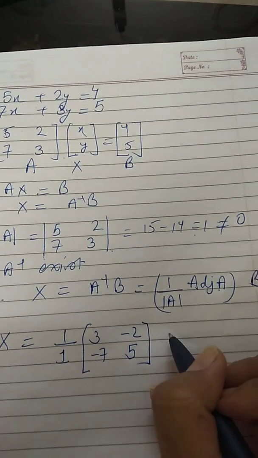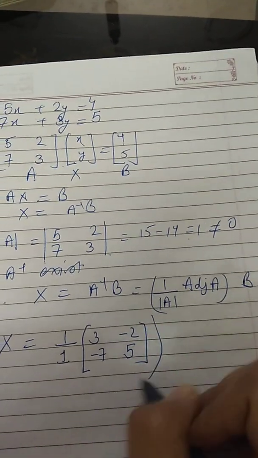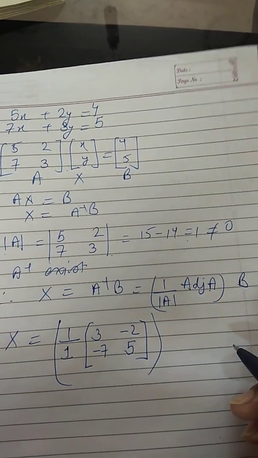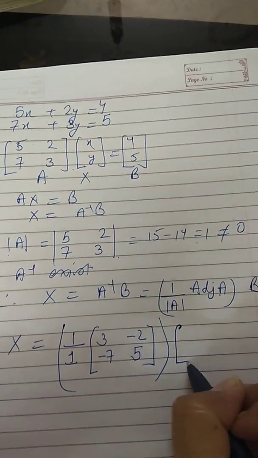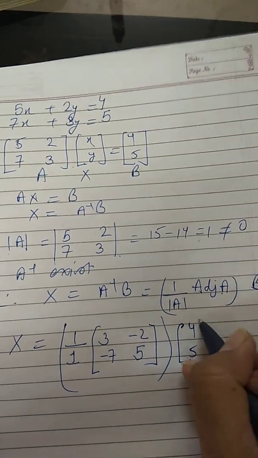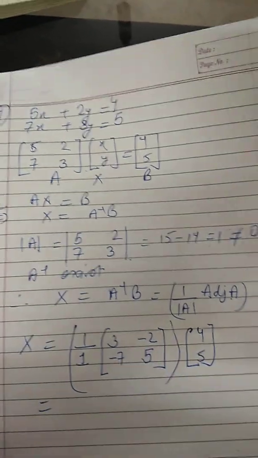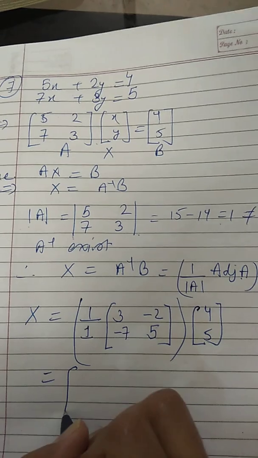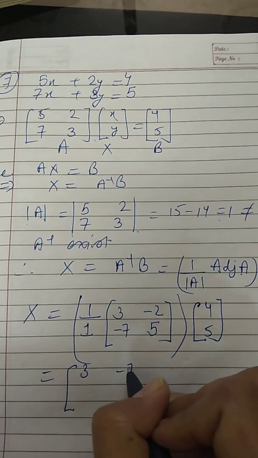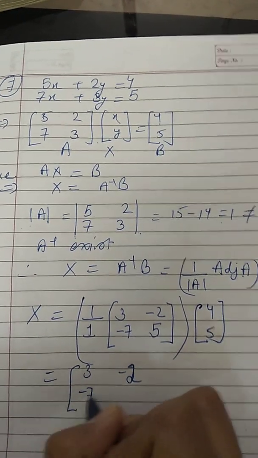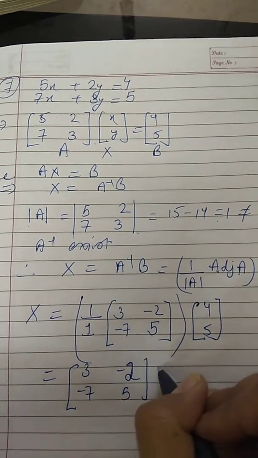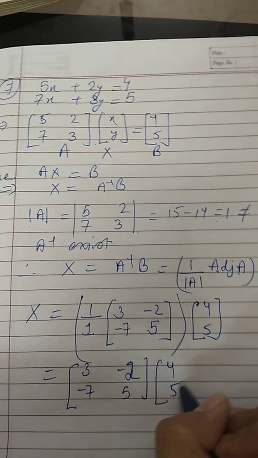Adjoint is calculated, right? This is A into 1 by A determinant into adjoint A, and B matrix is 4, 5. Okay, so here it will be 3, minus 2, minus 7, 5 into the matrix 4, 5.